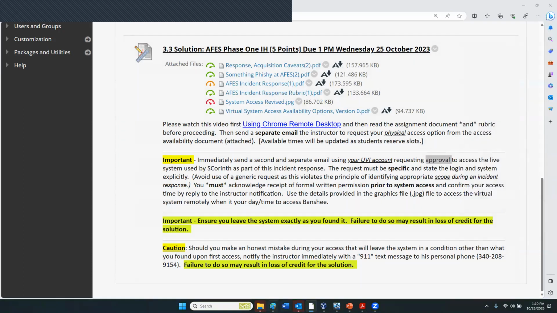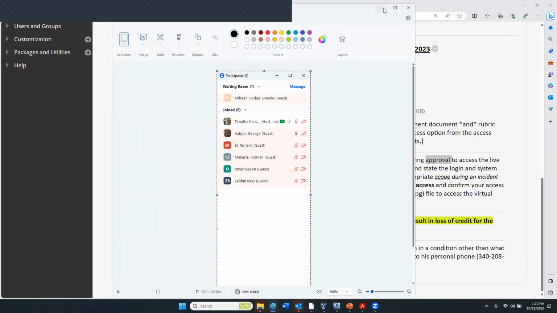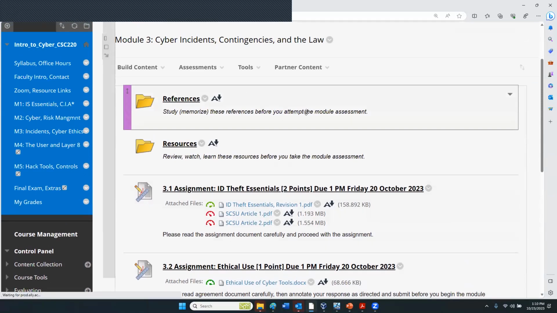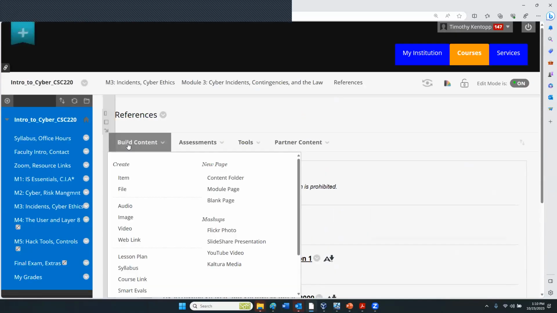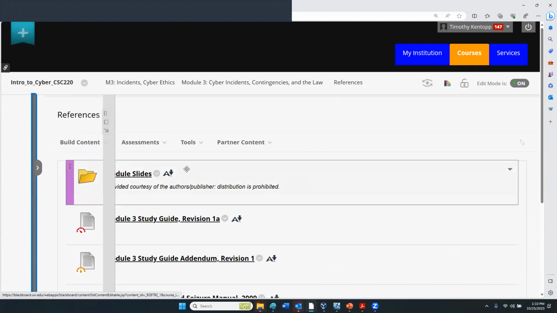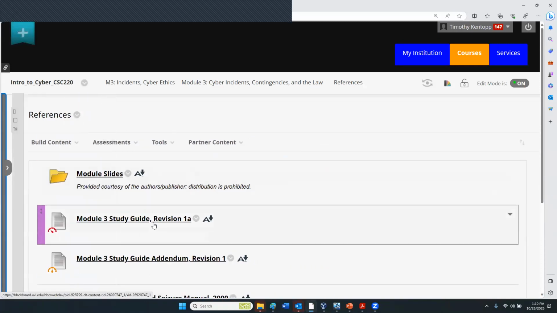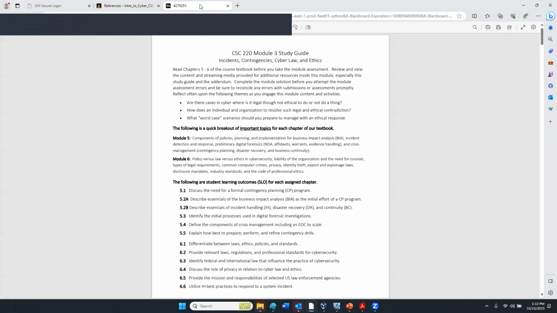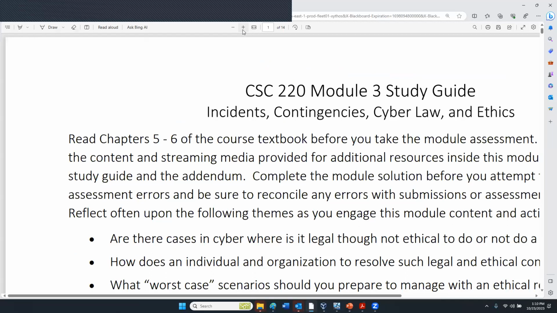So without further ado, what we'd like to do is start with our review of the concepts and methods that are covered in the study guide and in the module slides. So we have this study guide on tap.